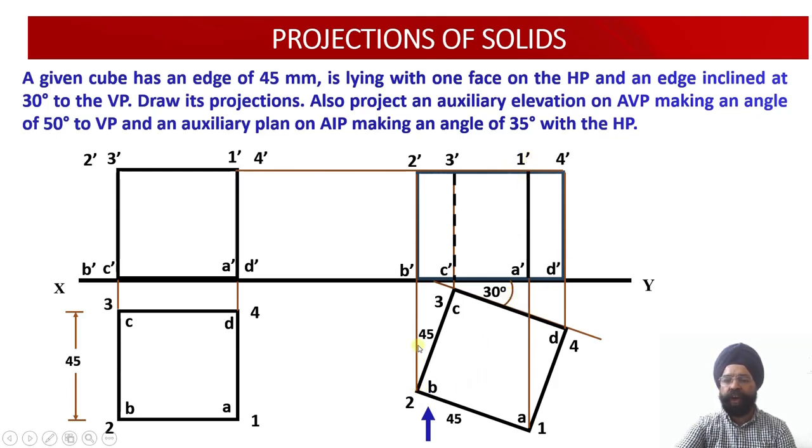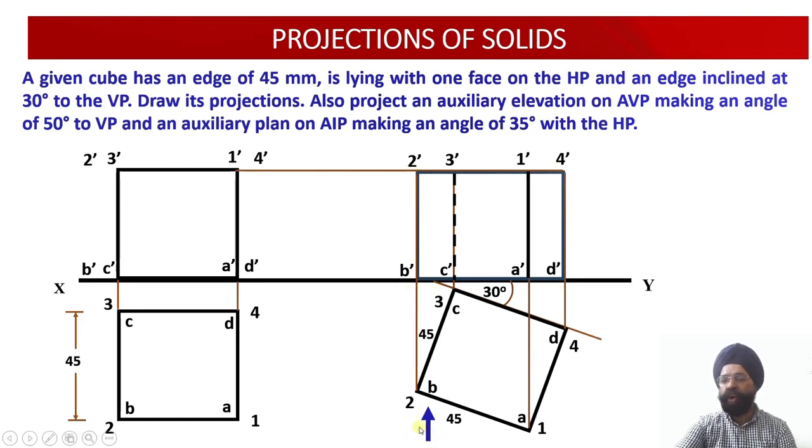Similarly, the vertical projector of 2 and the horizontal projector through 2 dash give us the 2 dash point over here. Similarly, the vertical projector through 3 and the horizontal projector through 3 dash give us the point 3 dash. And finally, the vertical projector through point 4 and the horizontal projector through point 4 dash will give us 4 dash. Now we have to join all these edges.